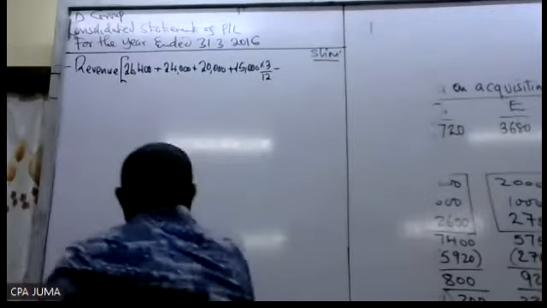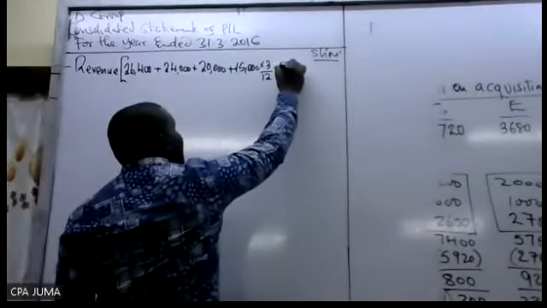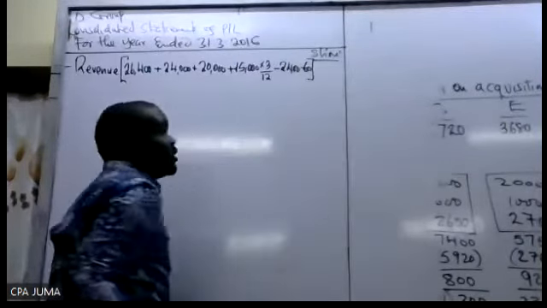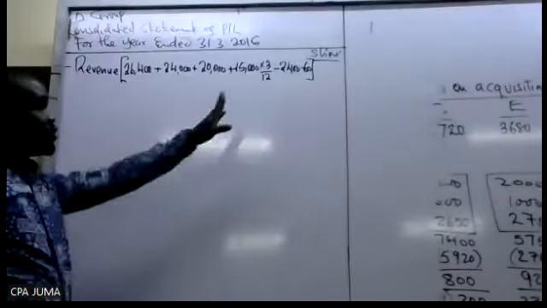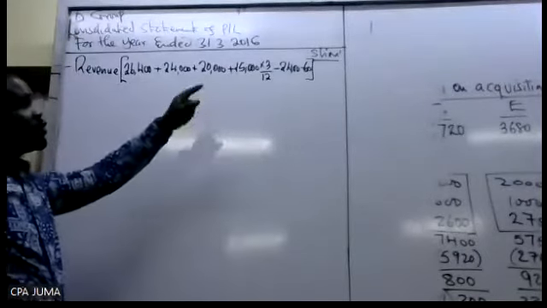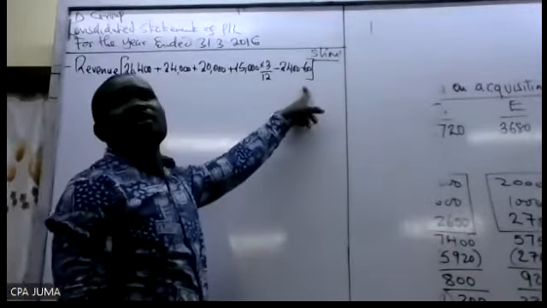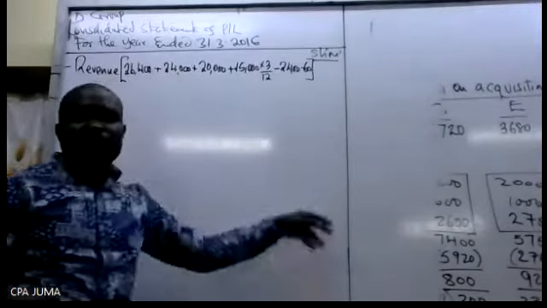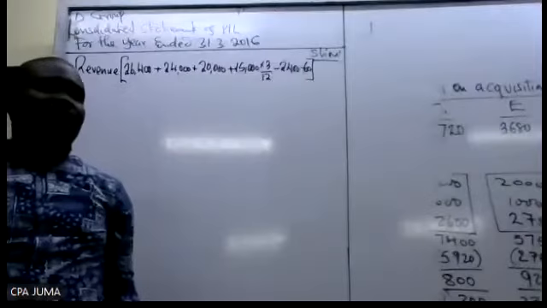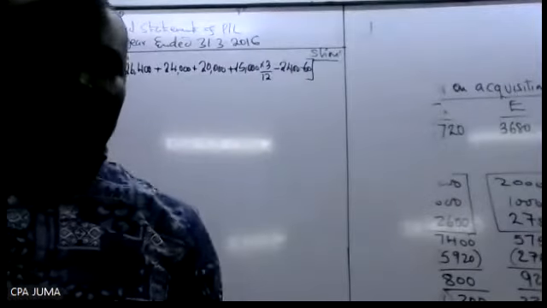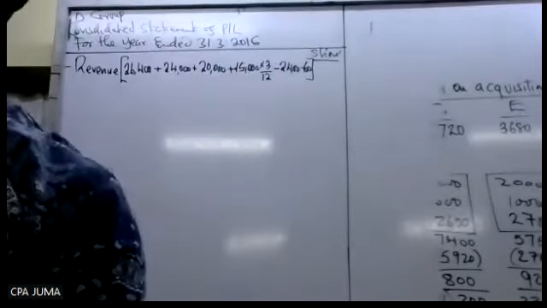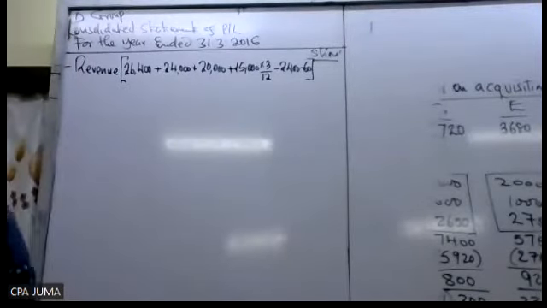So minus 2400, minus 60. Like that. So these were the intergroup sales. There were two of them. Actually, 60 was in transit. Yes. So work out everything. What do you get? When you work out everything, is there an issue somewhere?